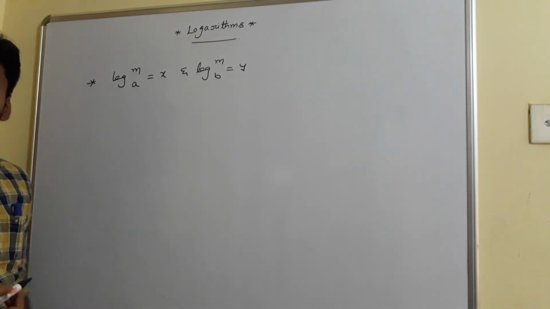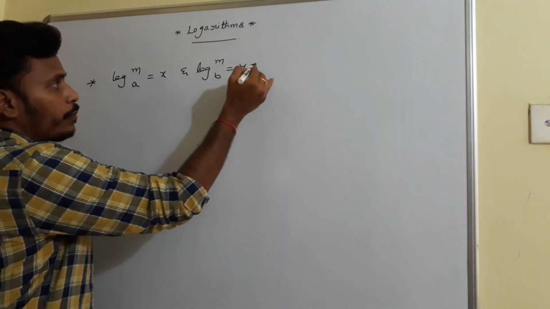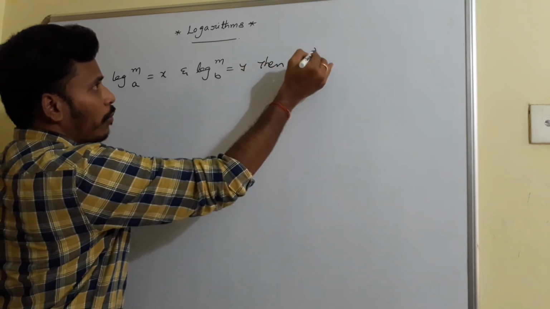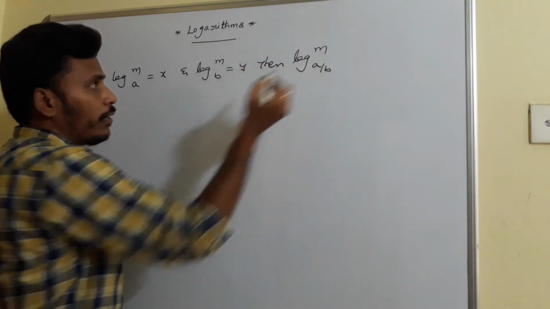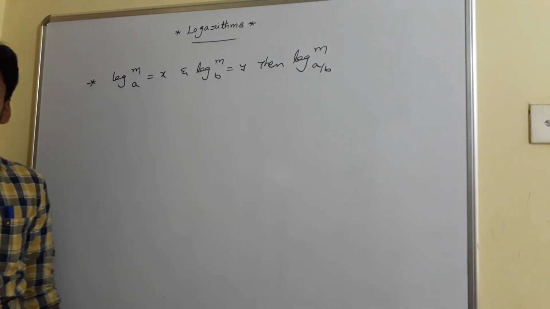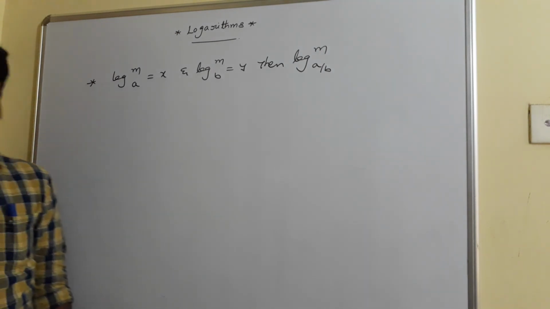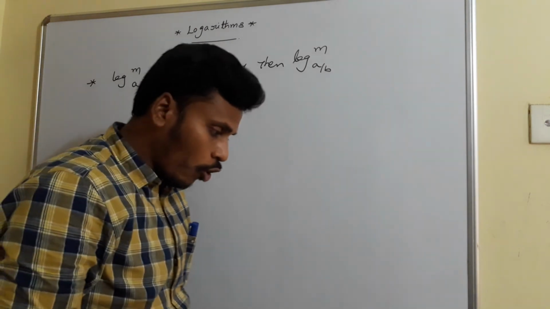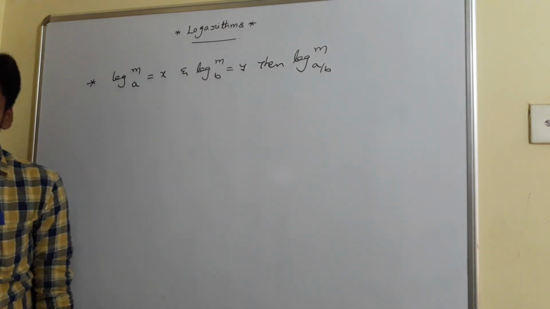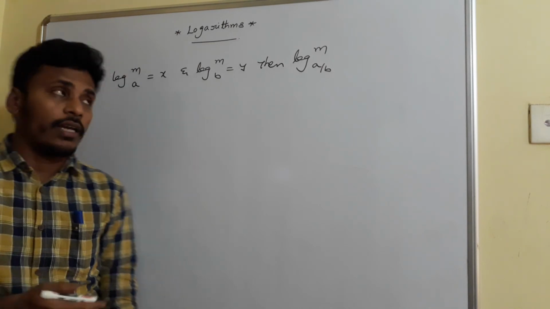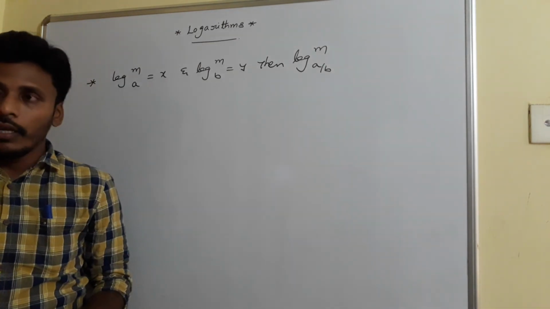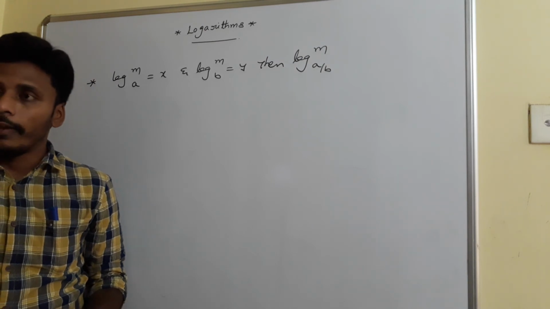Then you need to find logarithm of m base a by b. Okay, m base a is equal to x, m base b is equal to y, and you need to find the value of logarithm of m base a by b in terms of x and y.